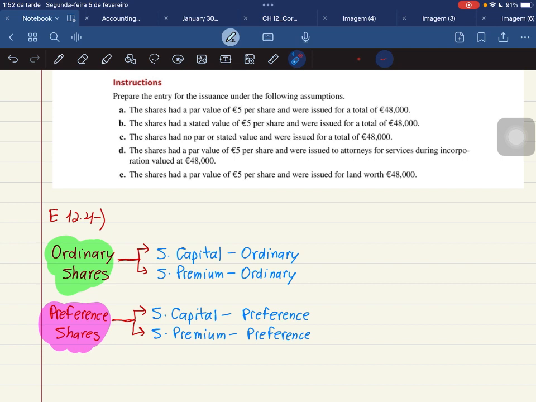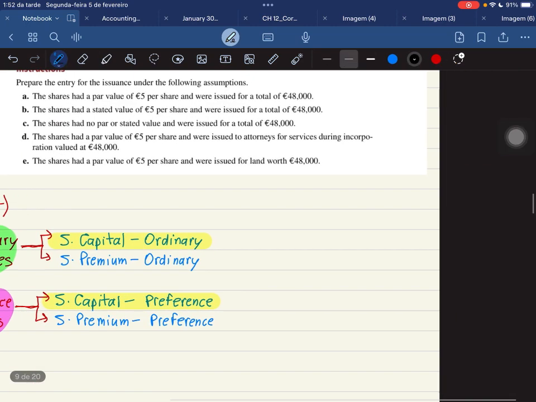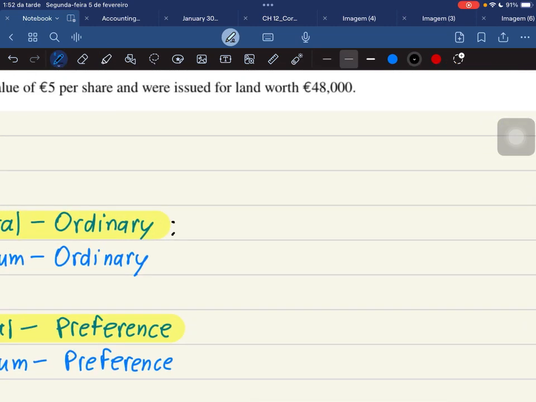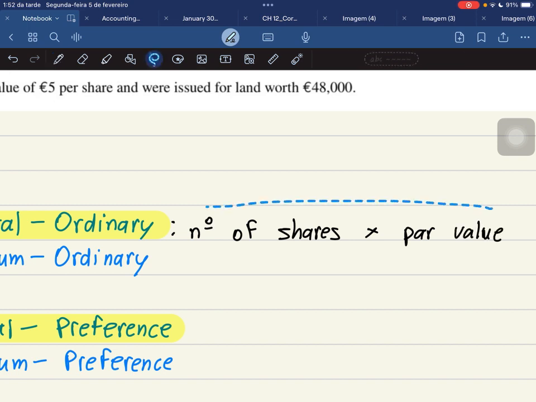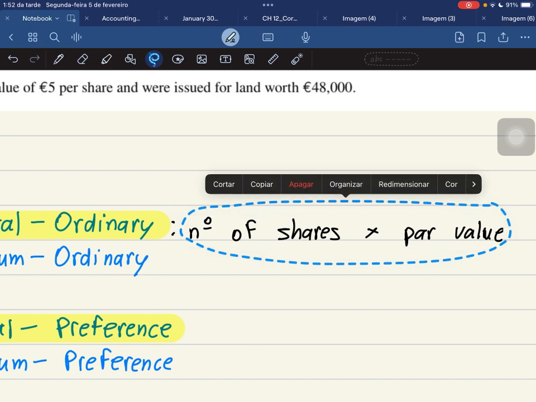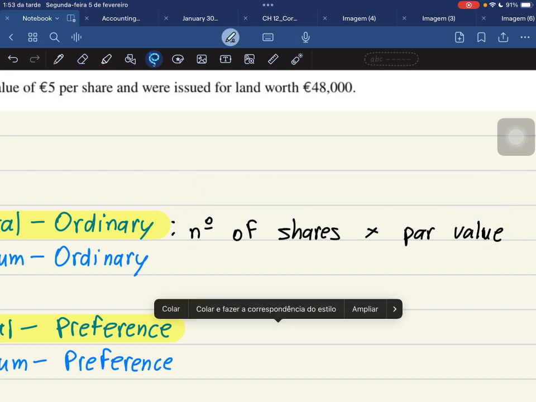Okay, so these over here are always going to be the number of shares times the current par value for both of them.